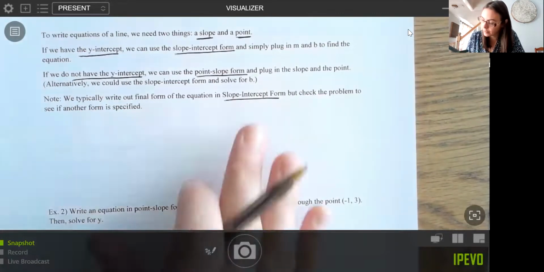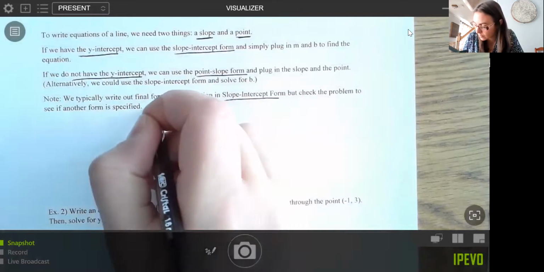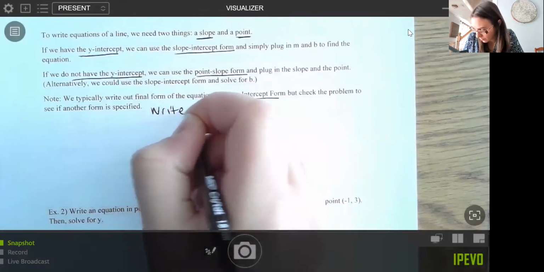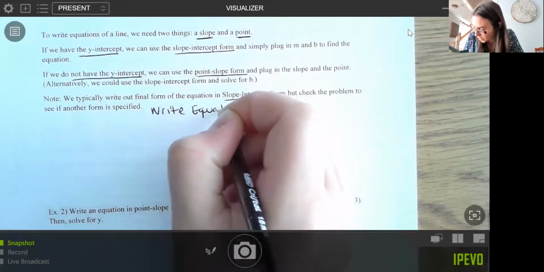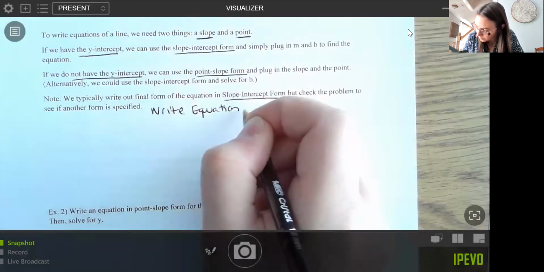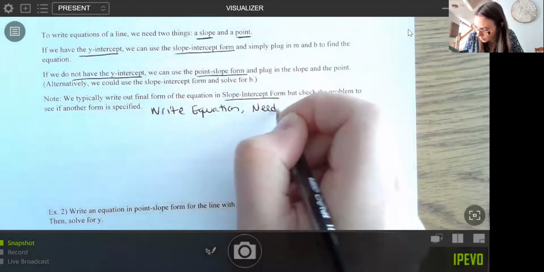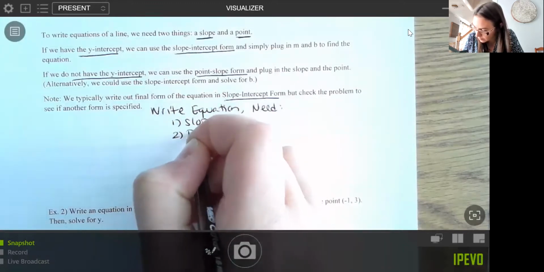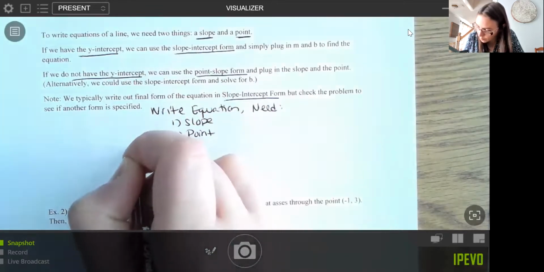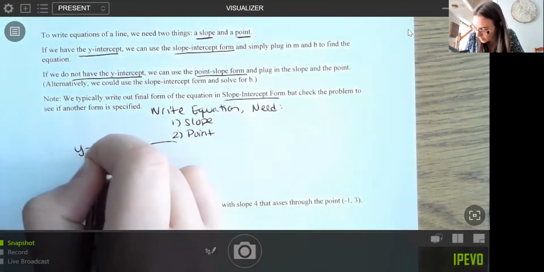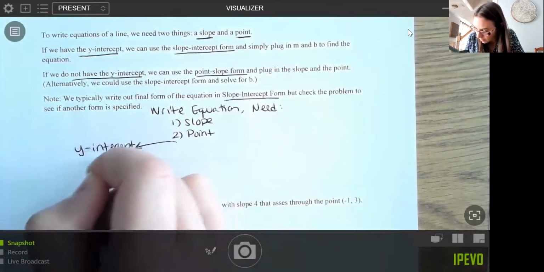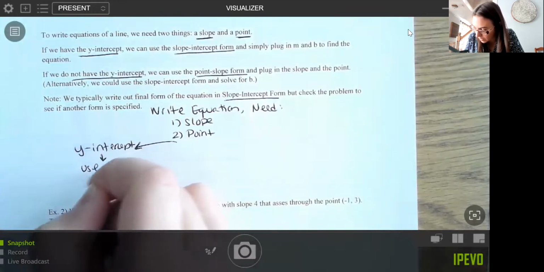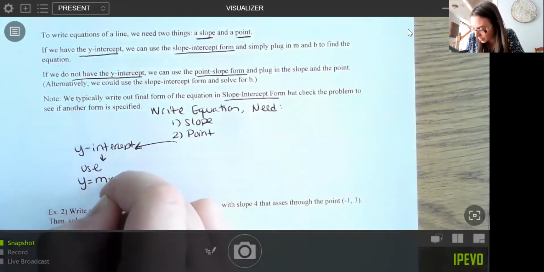So I just wanted to do a little diagram. If we're writing equations or finding equations, same idea. We need two things. We need the slope and we need a point. Now, if the point you have is the y-intercept, then I recommend using that y equals mx plus b form.